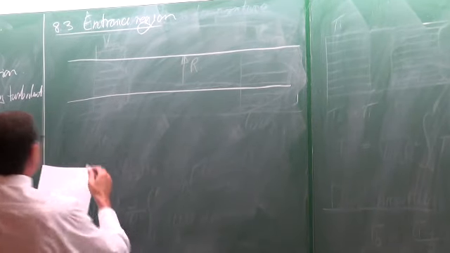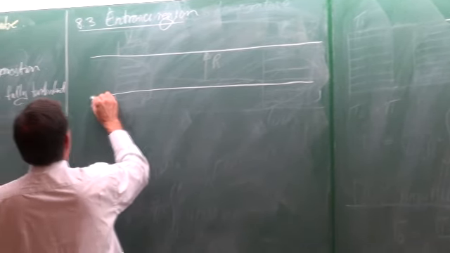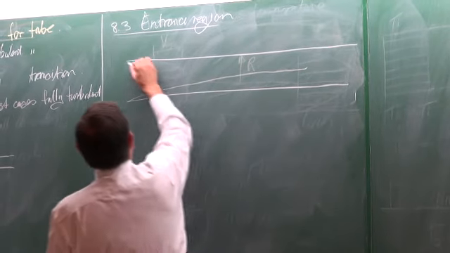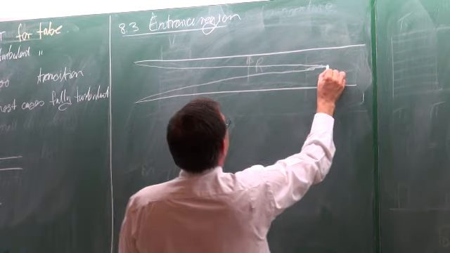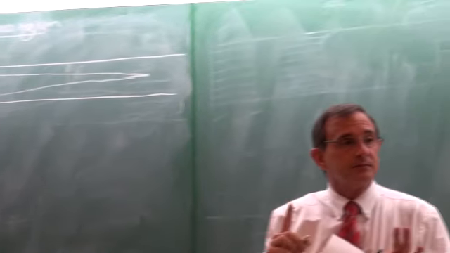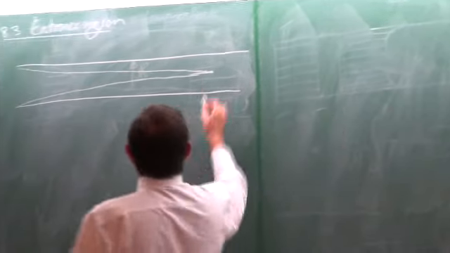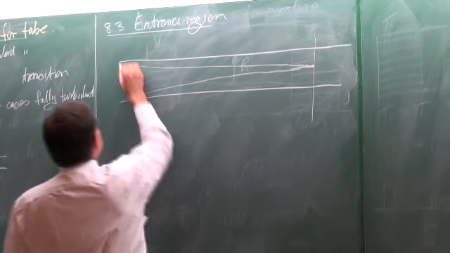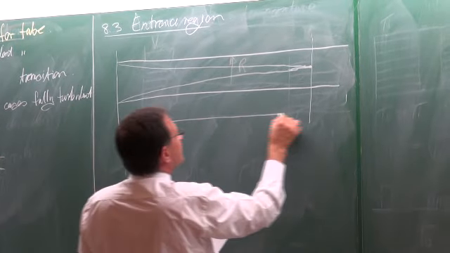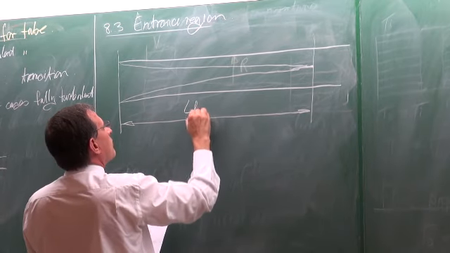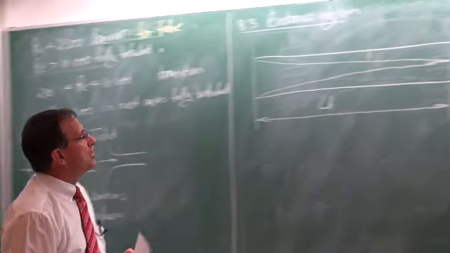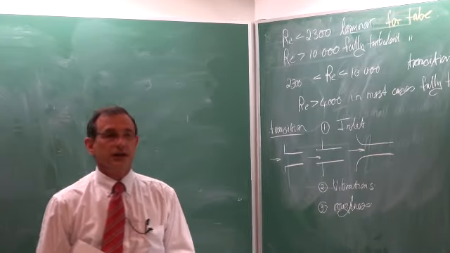If we look at the velocity profile of a tube, we know that the boundary layer starts developing until the two boundary layers meet. That distance is considered as L_H, the hydrodynamic entrance region.